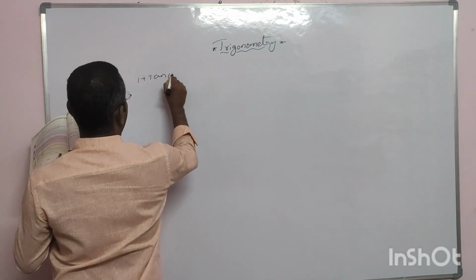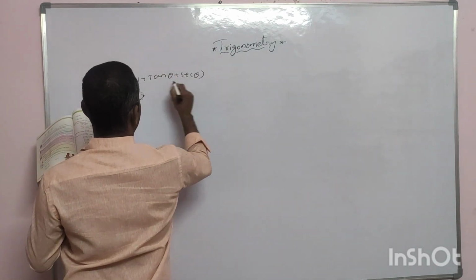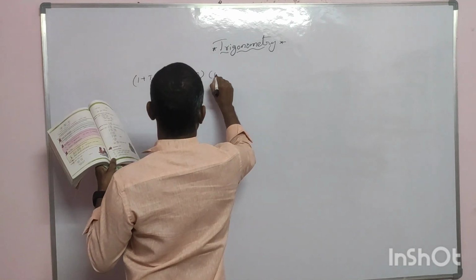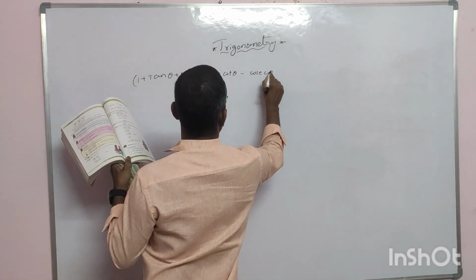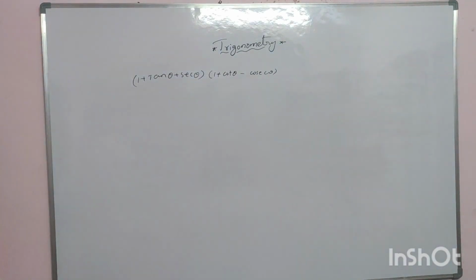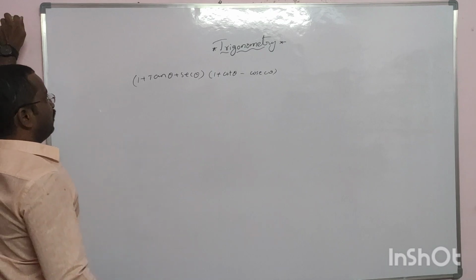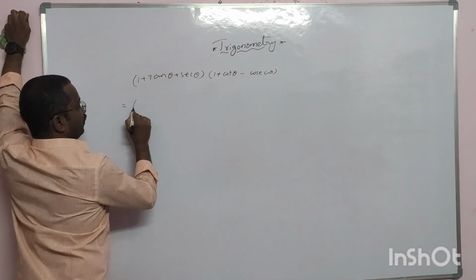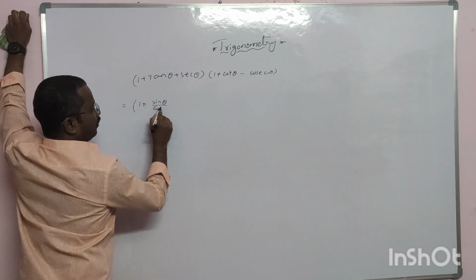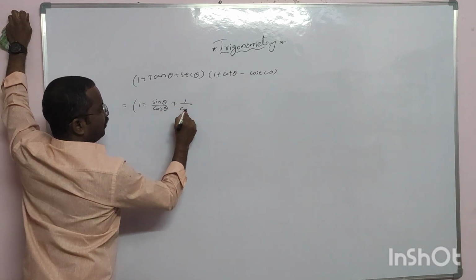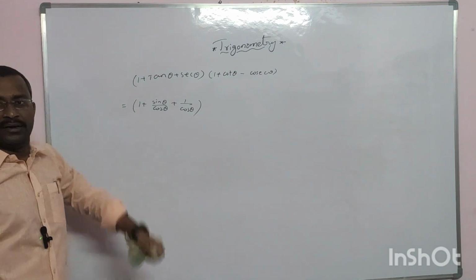One plus tan theta plus sec theta, into 1 plus cot theta minus cosec theta. So he is asking to solve or evaluate it. Let's take it to the lower ratios. 1 plus tan theta means sin theta by cos theta, sec theta is 1 by cos theta.